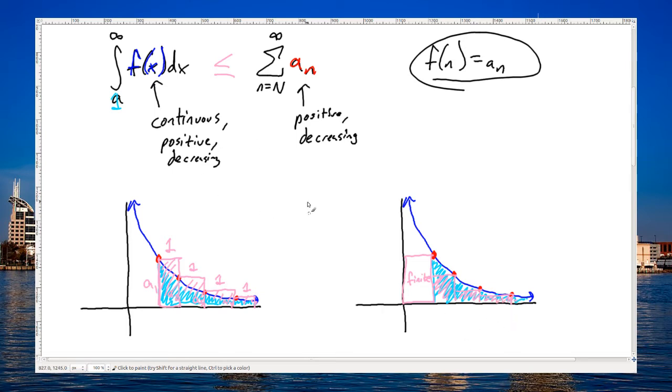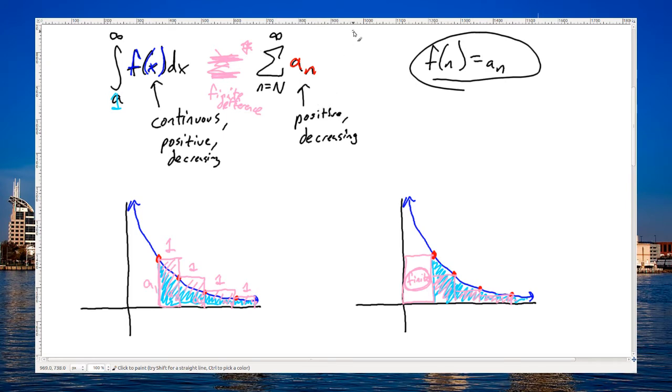Okay, and so if we look at it this way, other than a finite difference, the area of the improper integral is bigger than or equal to the series. So if you're less than or equal to and you're greater than or equal to, then you're equal, except for a finite difference. I did wave my hands a little bit because of this finite difference right here. So they're almost equal to each other. So I could put that equal star maybe.